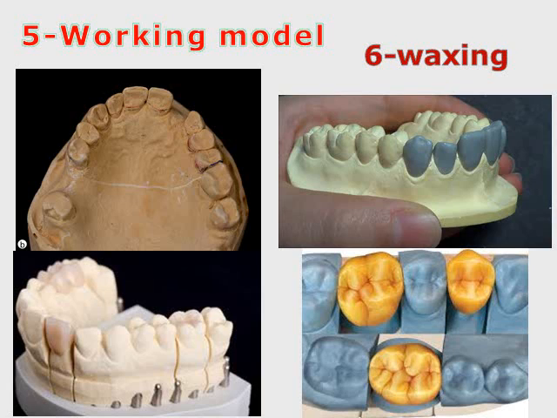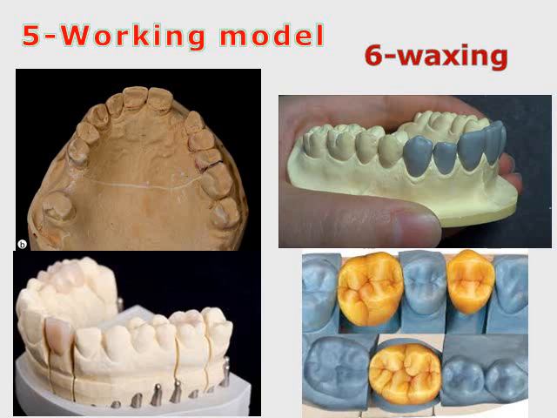After we take the impression, we pour it with a gypsum material to produce the working cast or working model, and then we are going to build a wax pattern. We call it waxing.